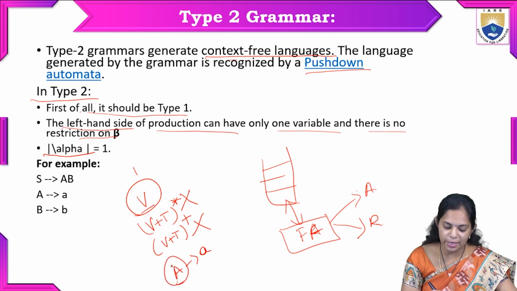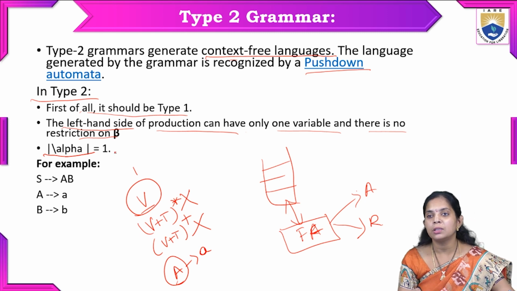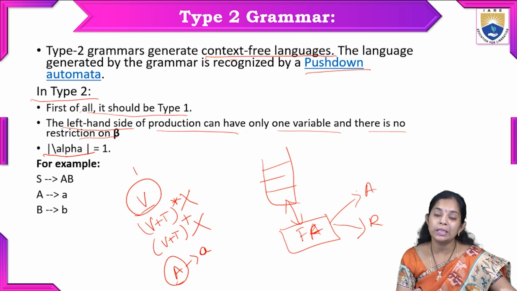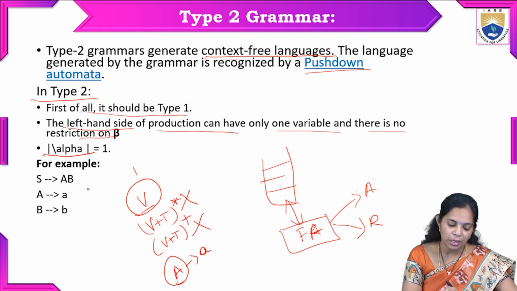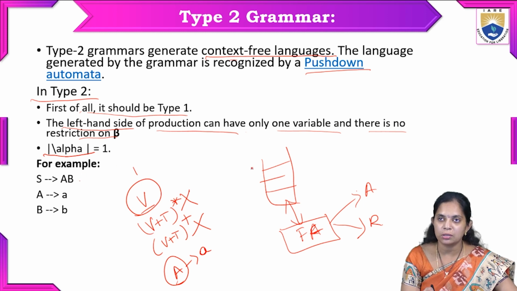On the left hand side only one non-terminal should be there, not a terminal. That is, only one variable should be on the left hand side. And on the right hand side, there is no restriction, so there can be a combination of any number of terminals and non-terminals. This is included for the beta.